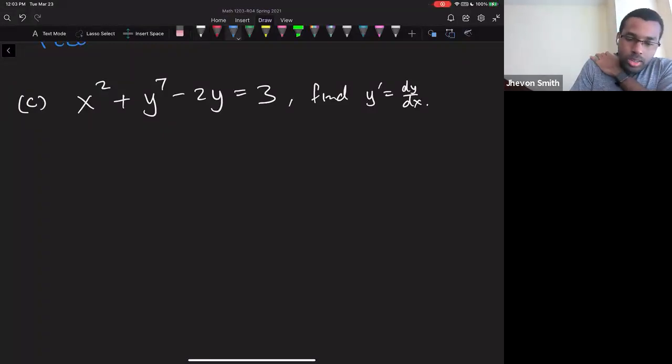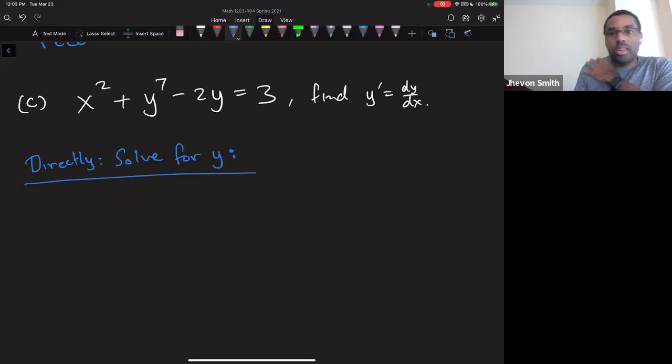Okay, so directly solve for y. All right, so I want to solve for y here. What are we going to do? How do you solve that for y? X squared plus y to the 7th minus 2y equals 3.